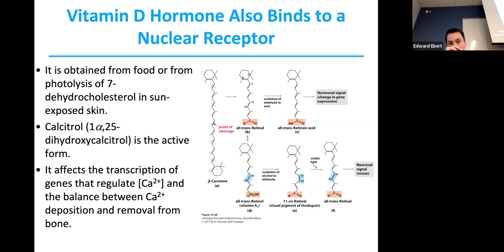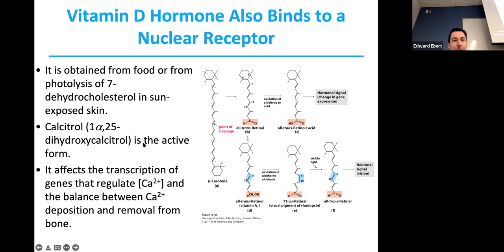So vitamin D binds to a nuclear receptor, and we get it from the sunlight or from diet. Something like 90% of the world's population has a vitamin D deficiency. Many not extreme, but a lot of people could use some more time in the sunlight, or this is also why you see vitamin D added to milk, because it also helps in calcium uptake.